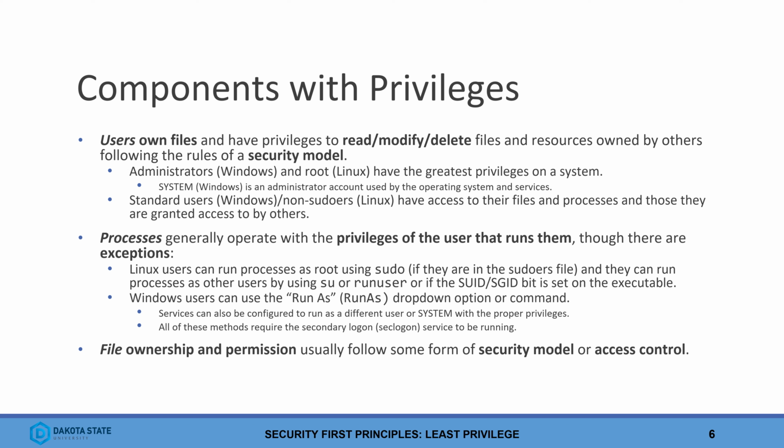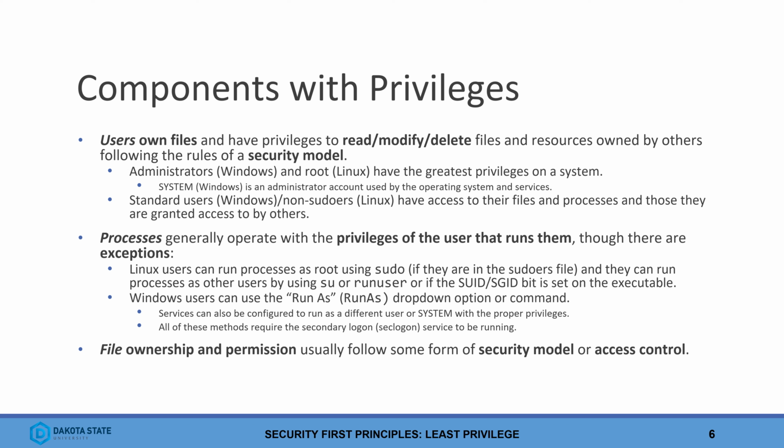In Linux, users can run processes as root by using sudo if they are in the sudoers file, and they can run processes as other users by using su or runuser, or if the SUID or SGID bit is set on the executable. In the case of su or runuser, they would also have to have permissions to run this program as another user. On Windows, users can use the Run as drop-down option or command, depending on the way Windows is configured.